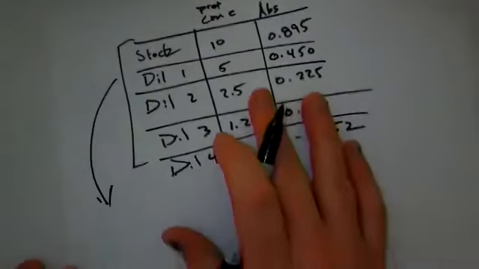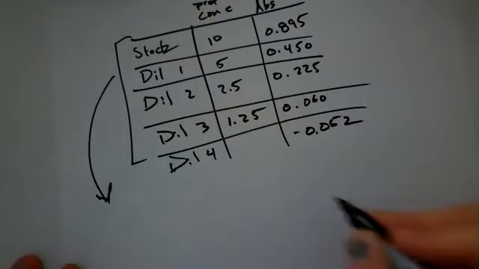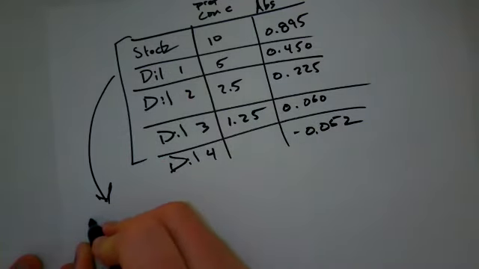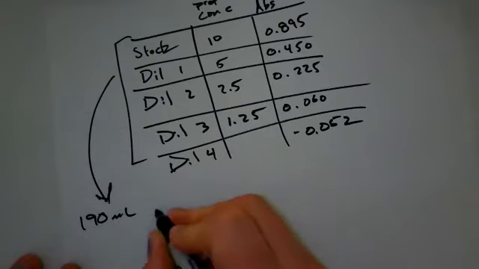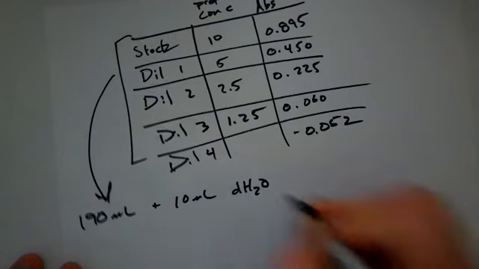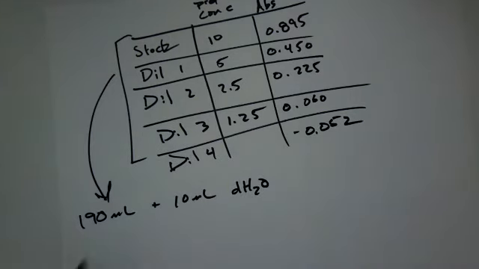Well, as an alternative, you could take 190 microliters of your stock plus 10 microliters of DH2O. Is this sample going to have less protein than your stock? Is it going to have a slightly lower concentration?